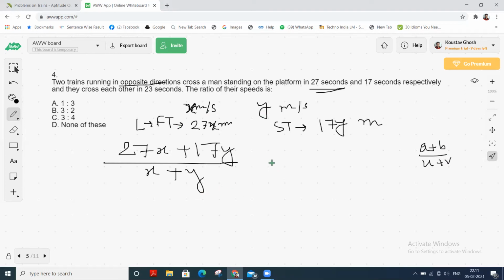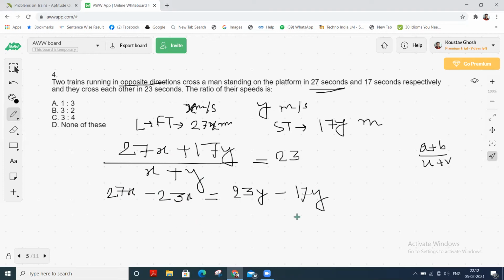This equals 23 seconds, the time. So 27x plus 17y equals 23 into x plus y, 23x plus 23y. So 27x minus 23x equals 23y minus 17y.